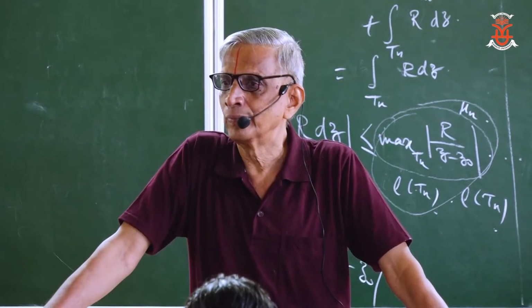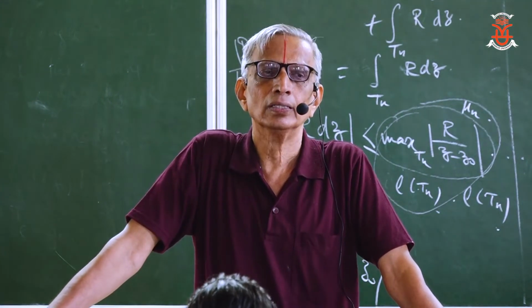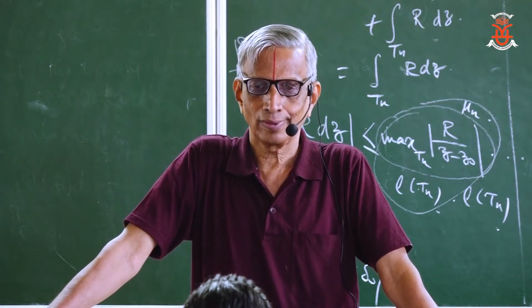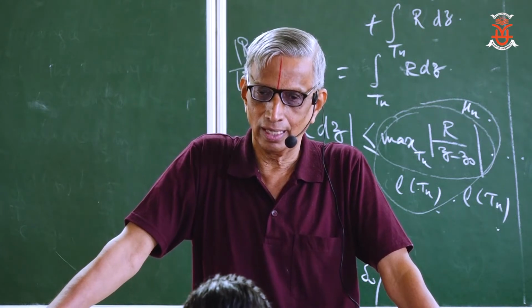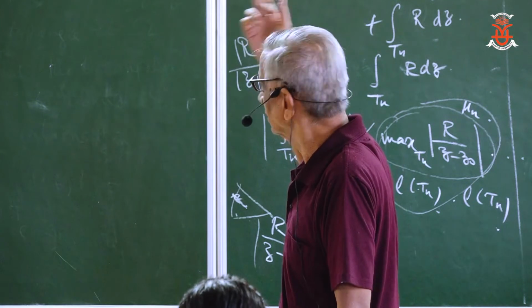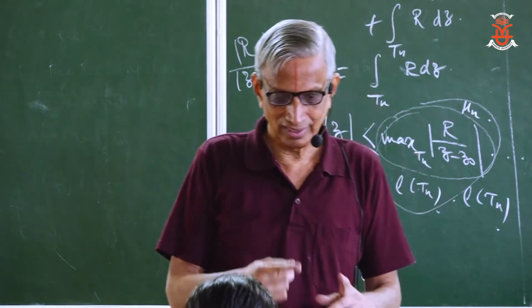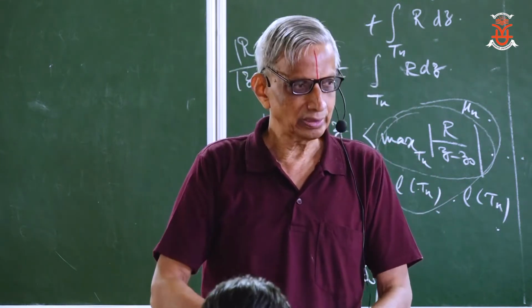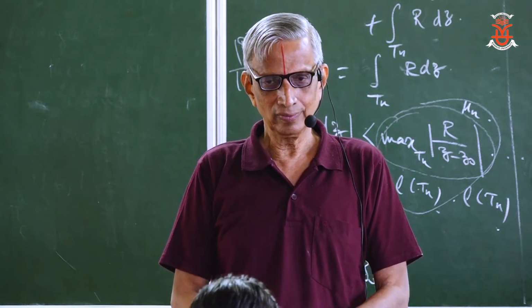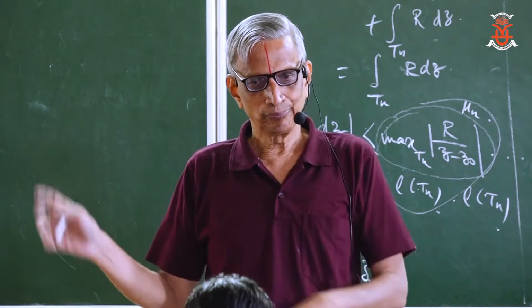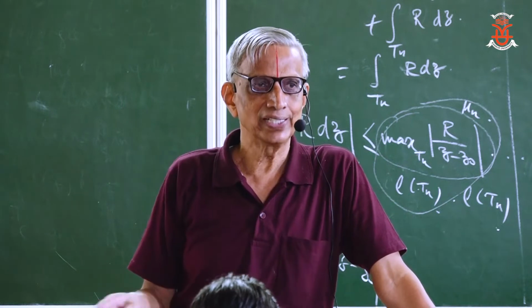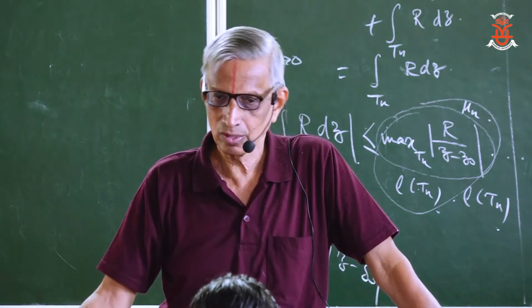So what is the theorem? If you have a star-shaped domain and a closed curve which, along with the interior of the curve, lies in the domain, the integral of any analytic function over that closed curve is 0.